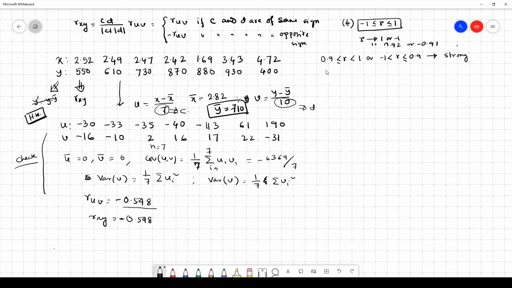Now, if R is 0.6 to 0.9 or minus 0.9 to minus 0.6, this is classified as good.